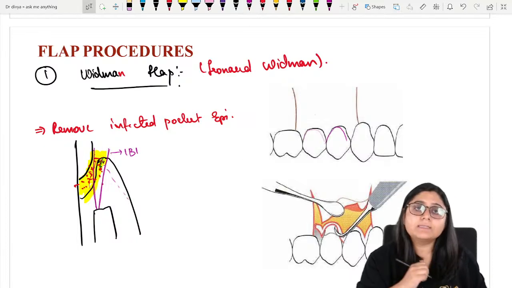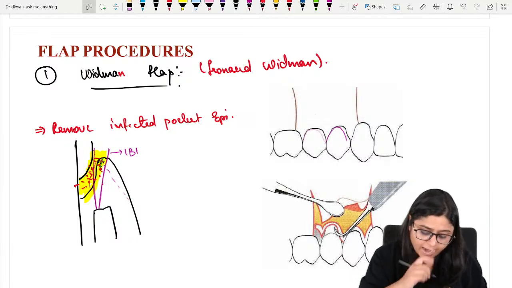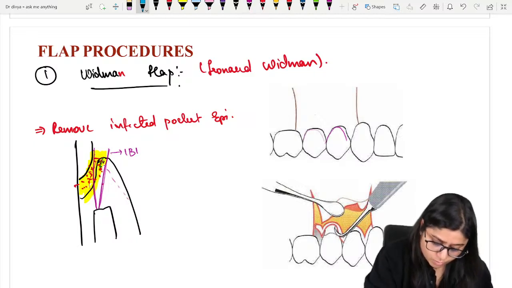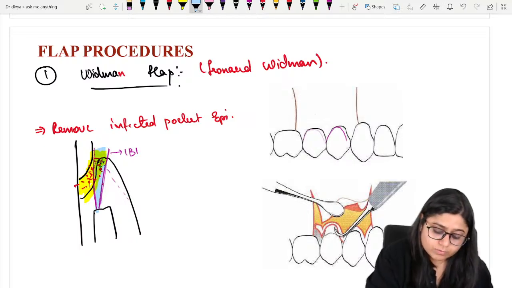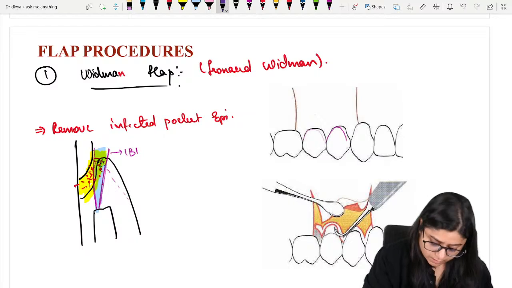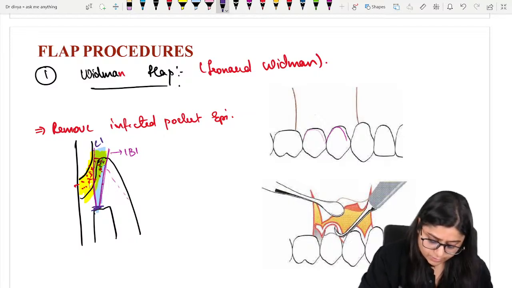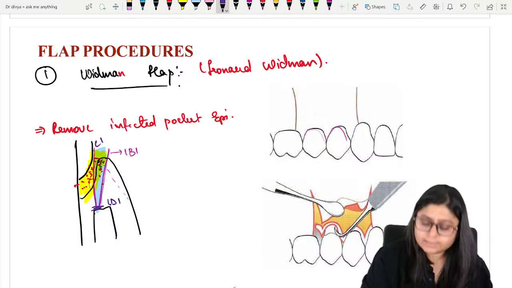This is the crevicular incision, and thus we removed the whole of this. And the wedge of tissue which is attached here is removed by the interdental incision. So this is the crevicular incision and this is the interdental incision.